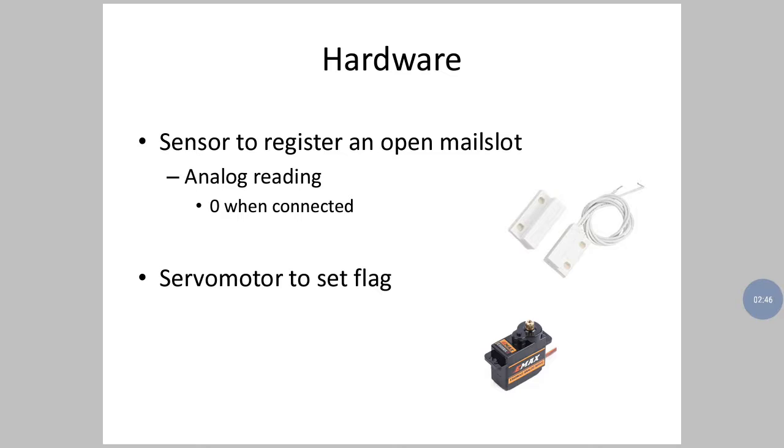Normally it's used on doors and windows to detect when they are opened, and I want to implement this in my mailbox, so that when the slot is open, the microcontroller can detect it.